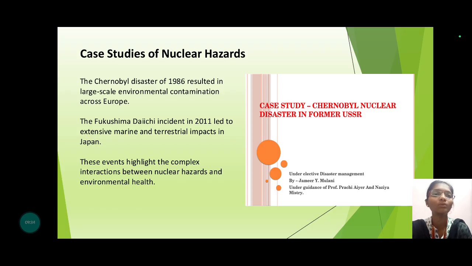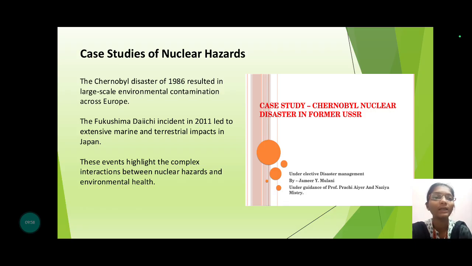And let us see the case studies of nuclear hazards. The Chernobyl disaster resulted in large-scale environmental contamination across Europe. The Fukushima Daiichi incident in 2011 led to extensive marine and terrestrial impacts in Japan.